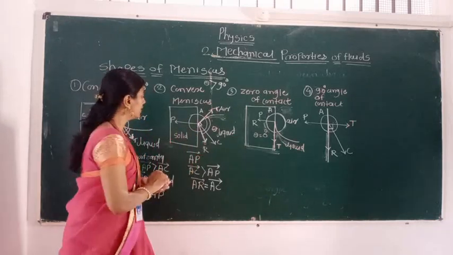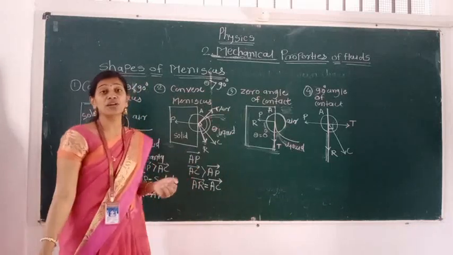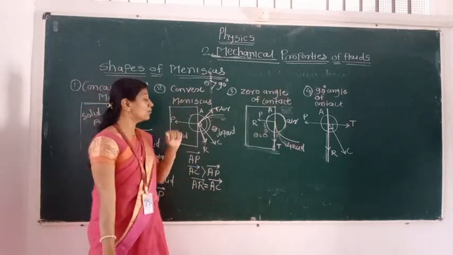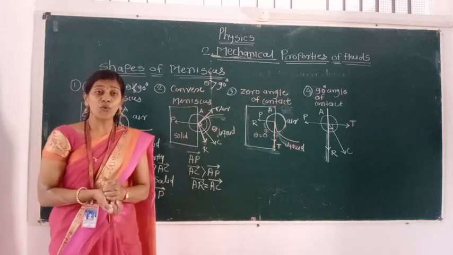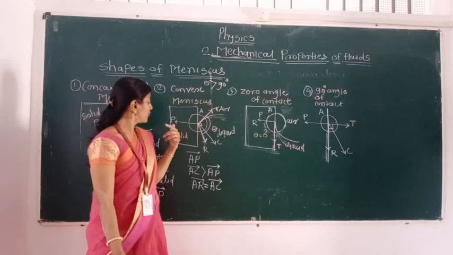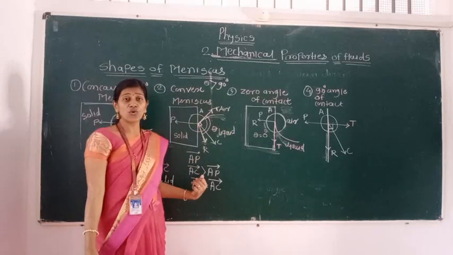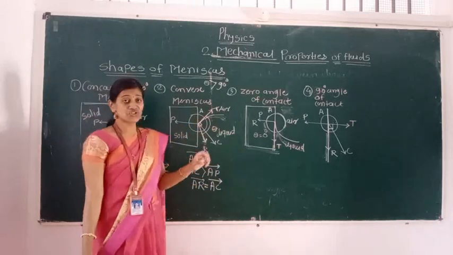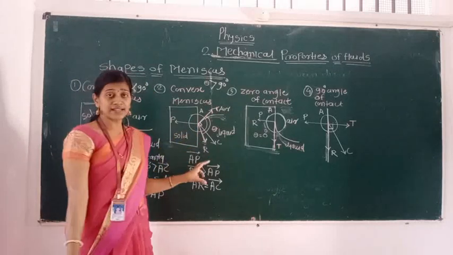Due to that, the tangent drawn to the point of contact is normal to the resultant force acting on the A molecule. This resultant force is the resultant of two forces. The first force is the adhesive force, the second force is the cohesive force. So the tangent drawn to the point of contact is normal to the resultant force.